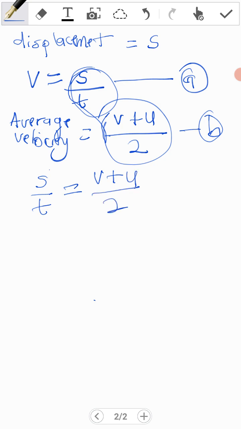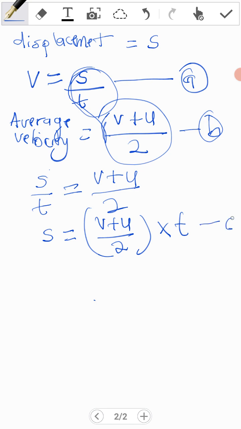Now, getting this, we can find the displacement, small s. So S is equal to V plus U over 2 all times T, and let's say that is our equation C.